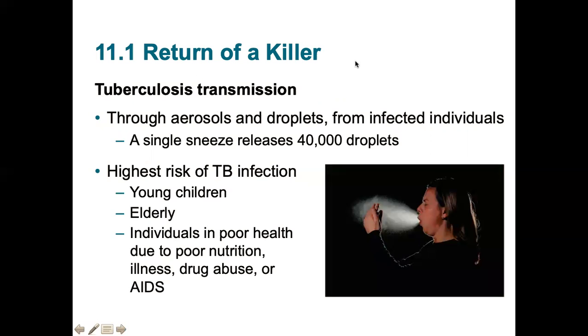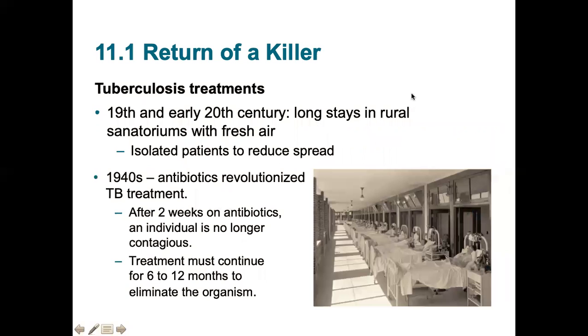Tuberculosis, because it is a lung disease, is transferred through aerosols and droplets. So yeah, they've got a sneeze here, but people would cough, and coughing is definitely a way to spread aerosols. But even just speaking is going to spread aerosols. It still happens. So certainly people who are immunocompromised are going to be at risk of tuberculosis. I've been here.